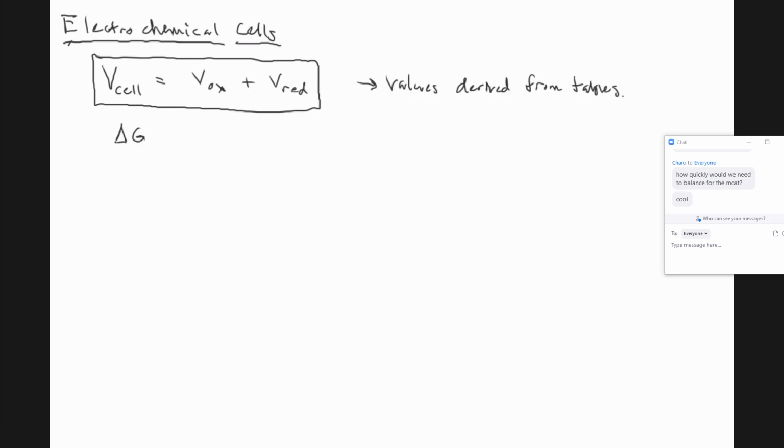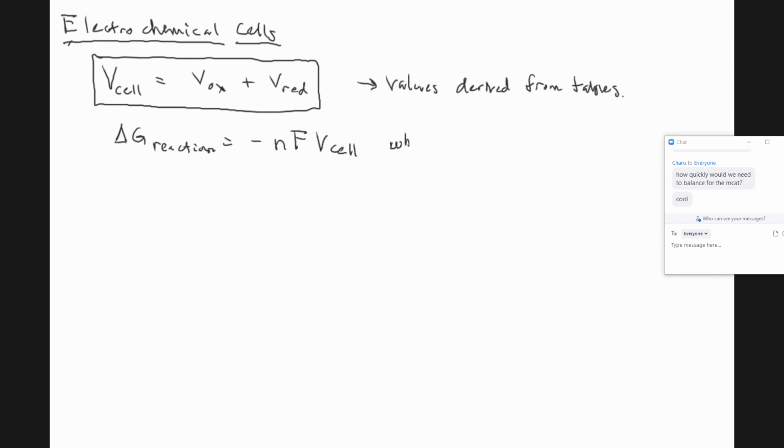The next is the Gibbs free energy. The delta G of a reaction is equal to negative n, the number of electrons that you're transferring in the reaction, times Faraday's constant times the electric potential of the cell. Okay.